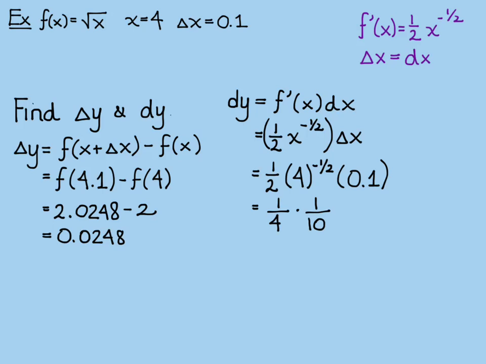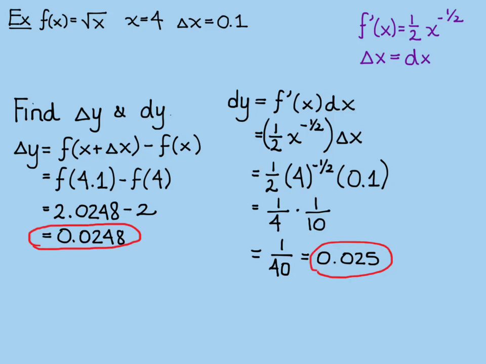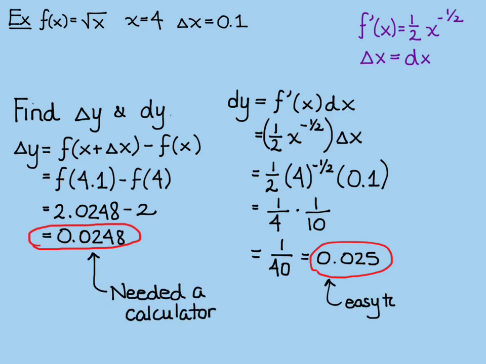This is the same thing as 1/2 times, and then 4 to the negative 1/2 is the same as 1/2, times 0.1 is the same thing as 1/10. So we're going to have 1/4 times 1/10, which ends up being 1/40. If we look at the decimal value for 1/40, we see that it's 0.025. So notice that these two values, delta y and dy, are actually very close to each other. Unfortunately, to calculate delta y, we needed a calculator, but to calculate dy, we didn't need anything fancy.